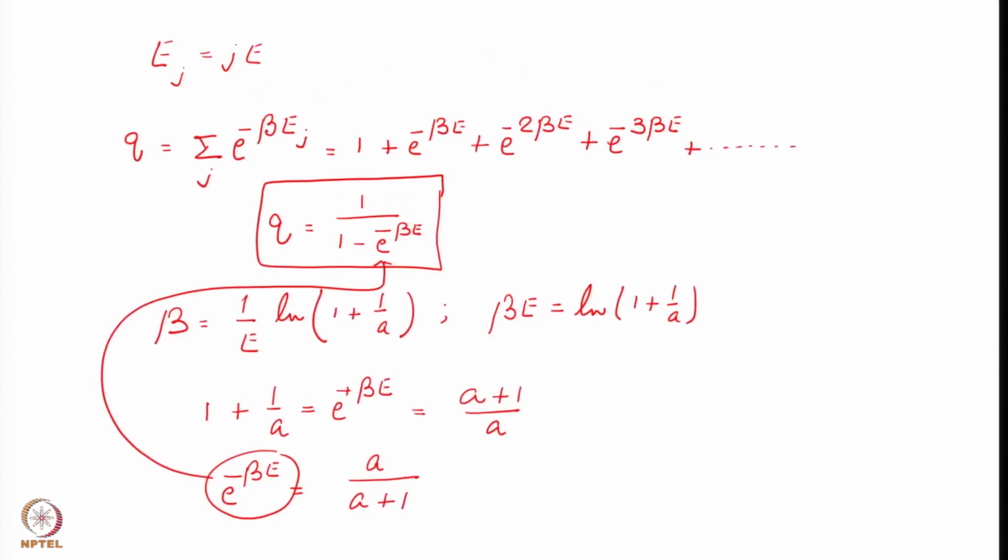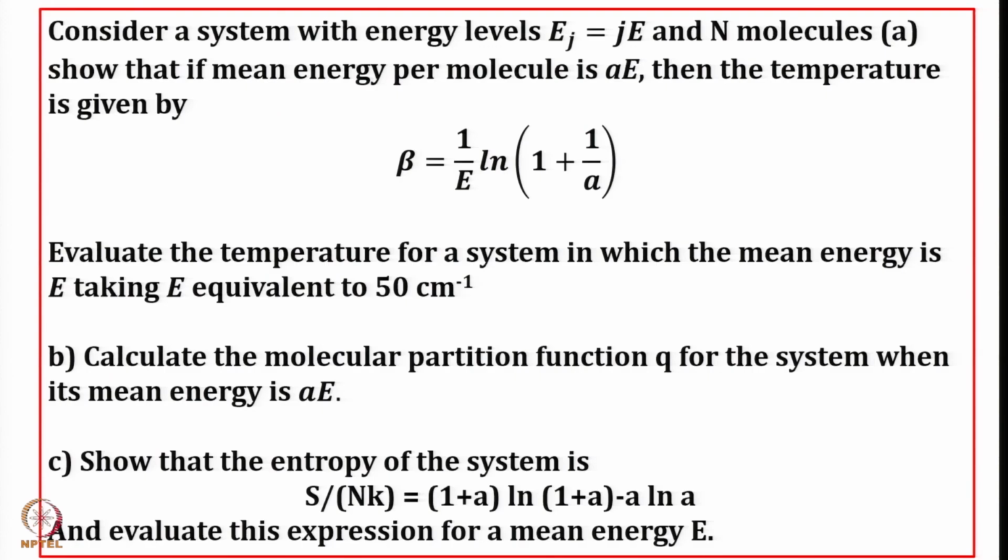Let us go back to the question. It says, calculate the molecular partition function q for the system when its mean energy is A times E. When mean energy per molecule is A times E, we have made use of this expression, beta is equal to 1 over E into log of 1 plus 1 by A, and we have come up with an expression for the molecular partition function.